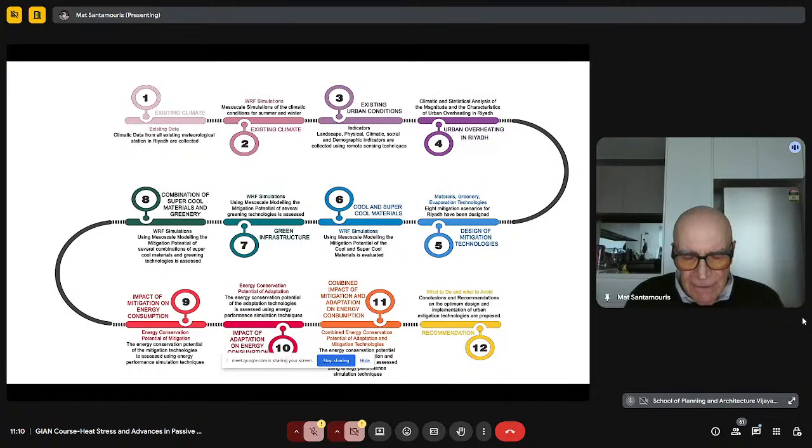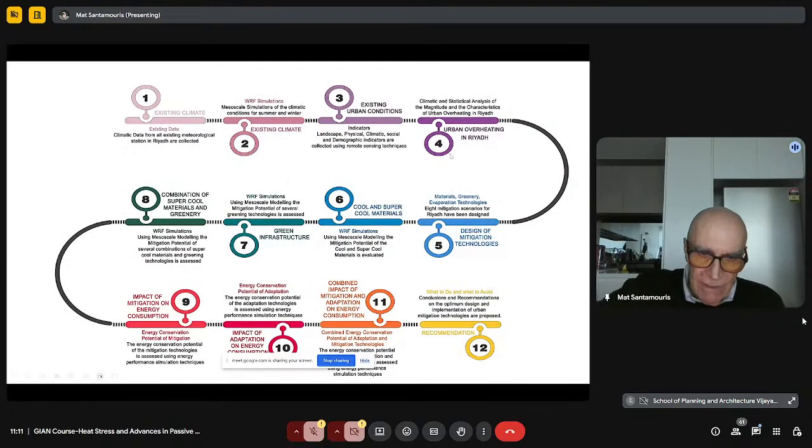And the very first calculation and assessment had to do with the impact of mitigation technologies on the energy consumption. We calculated the energy conservation potential of the mitigation technologies using some advanced building simulation procedures.